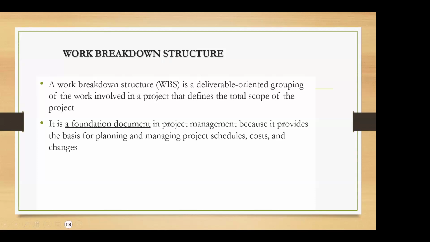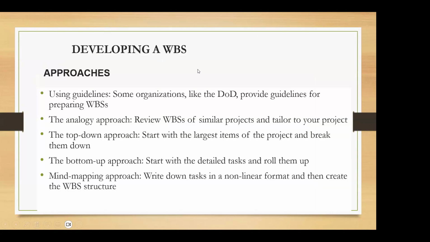So next we will take a look at how we can develop a work breakdown structure. There are several approaches that can be used when we are developing a work breakdown structure. The first one is using guidelines.